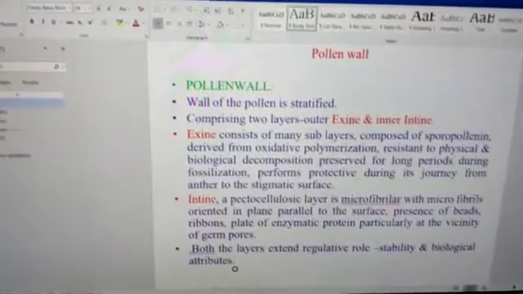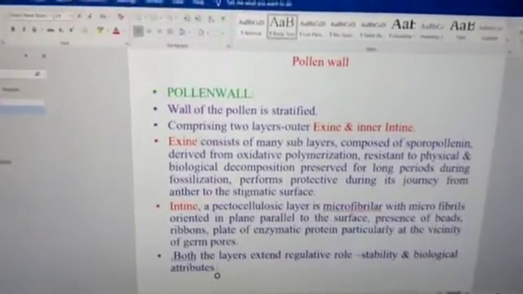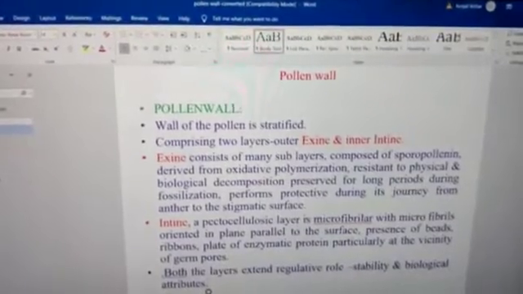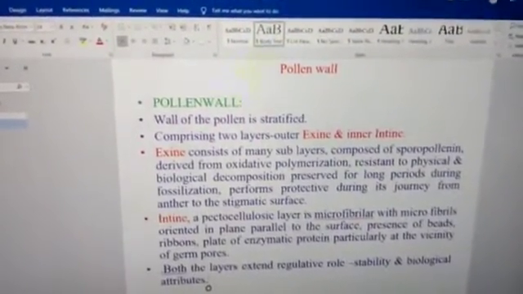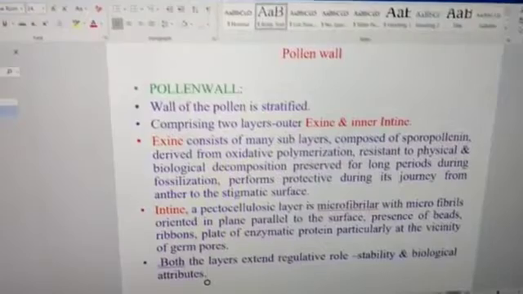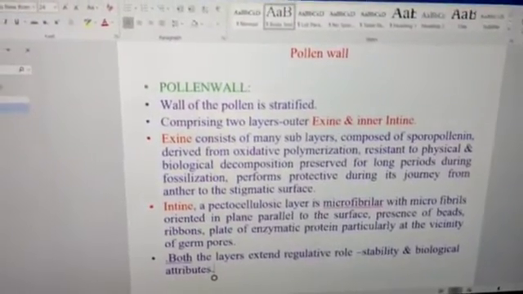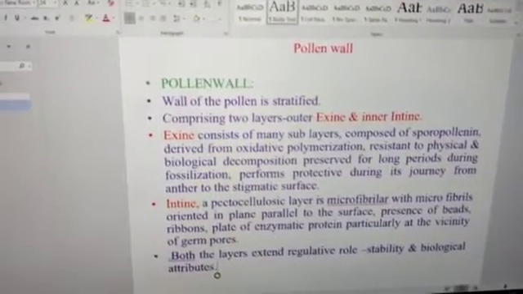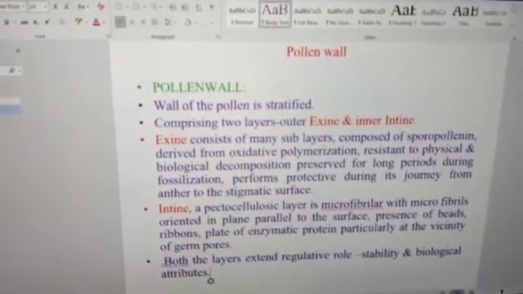We even get many fossils of pollen grains. These are preserved only because of this hard coating of exine and sporopollenin, which performs a protective role during the journey from the anther to the stigmatic surface.